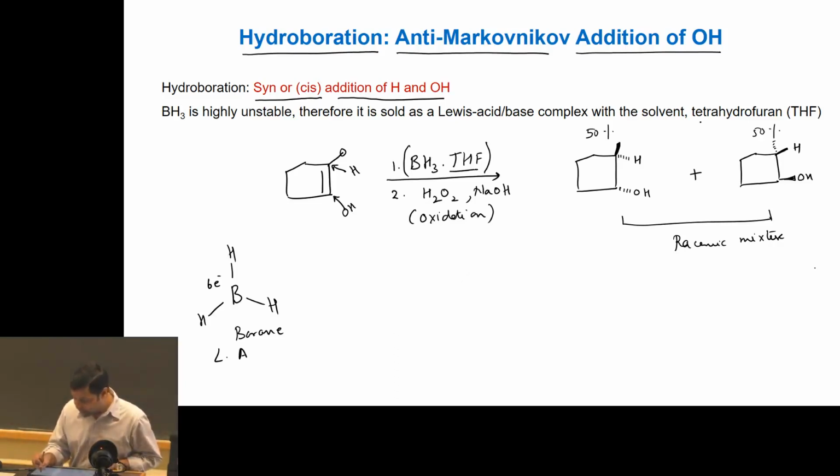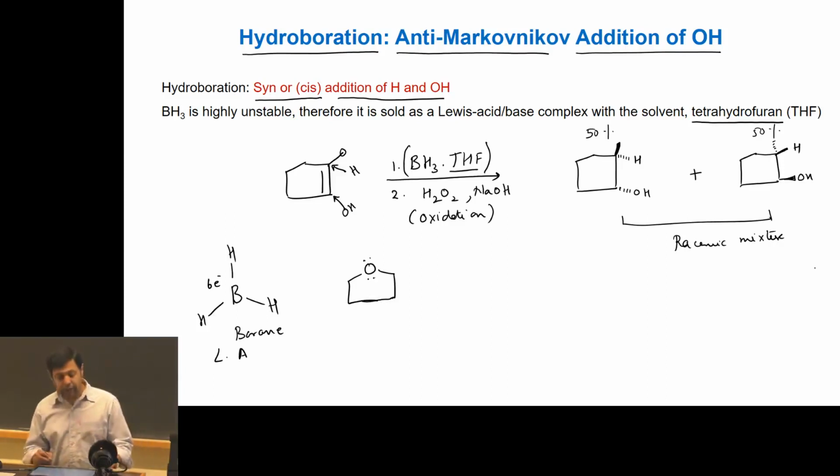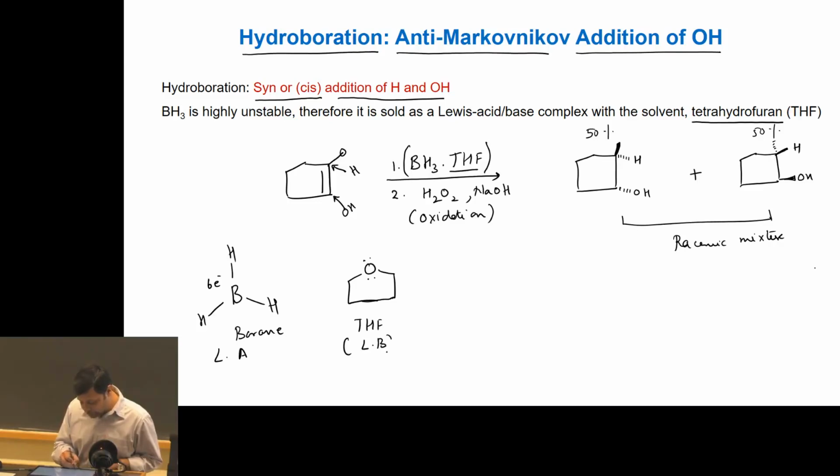THF is tetrahydrofuran. It's a commonly used solvent. This is the structure of THF. Now this can act as a good Lewis base because you have an atom that has lone pairs. So the Lewis acid will react with the Lewis base.